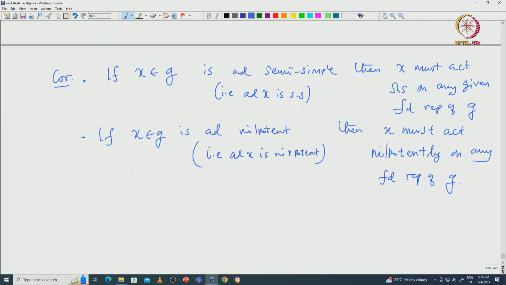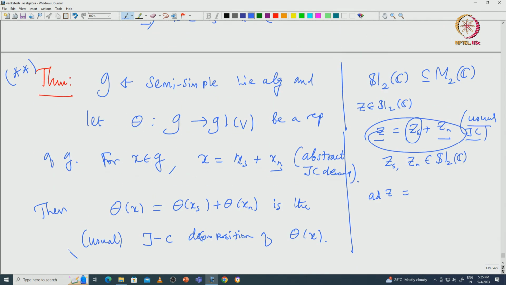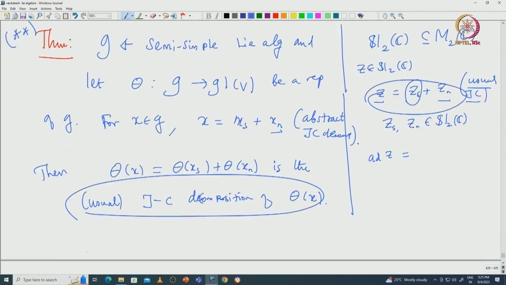Okay. So, that is the main theorem for us. This coincides with the usual one.